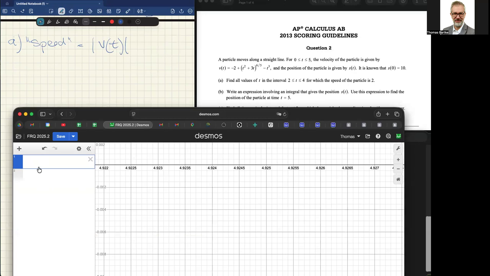And then if you put in the problem here, let's just call it v of t. You can just type it in exactly as it is here into Desmos: -2 plus (t squared plus 3t) to the 6/5 minus t cubed.